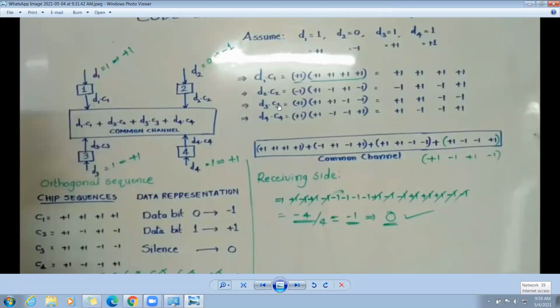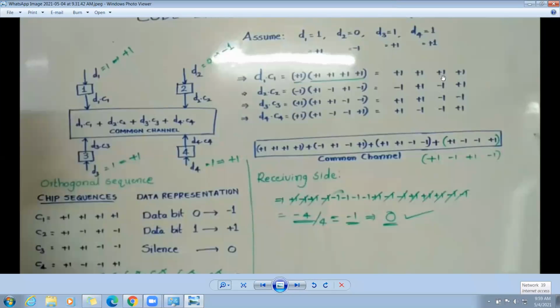Like that, we have calculated. For D3, the value is 1, which means +1. For D4, the value is 1, +1. D3 is multiplied with C3, D4 is multiplied with C4. We get a sequence.